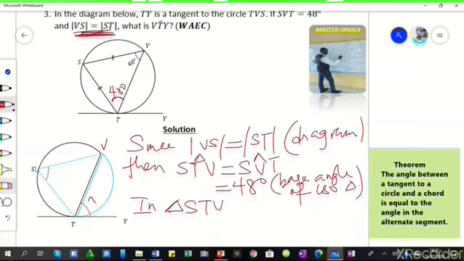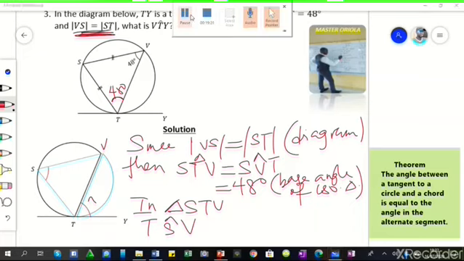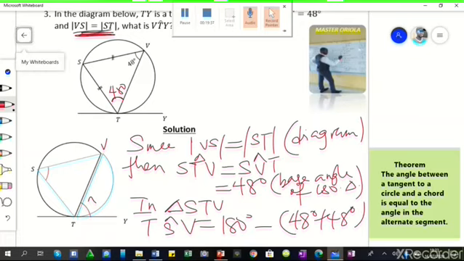Now moving ahead, I can quickly continue by saying in triangle STV, this very triangle here, angle TSV equals 180 degrees minus the sum of the base angles.